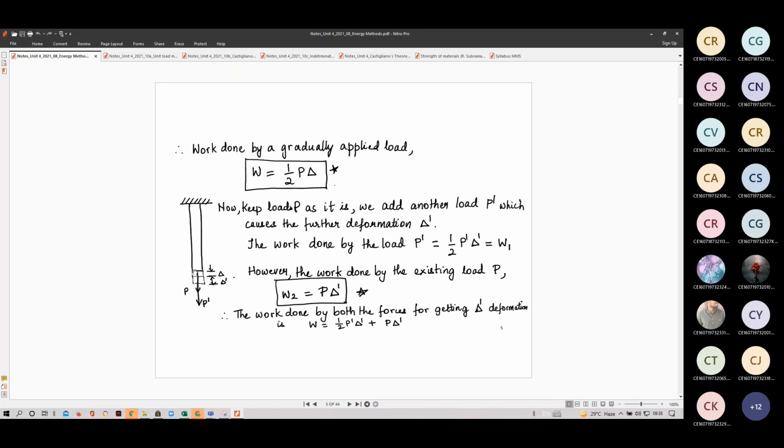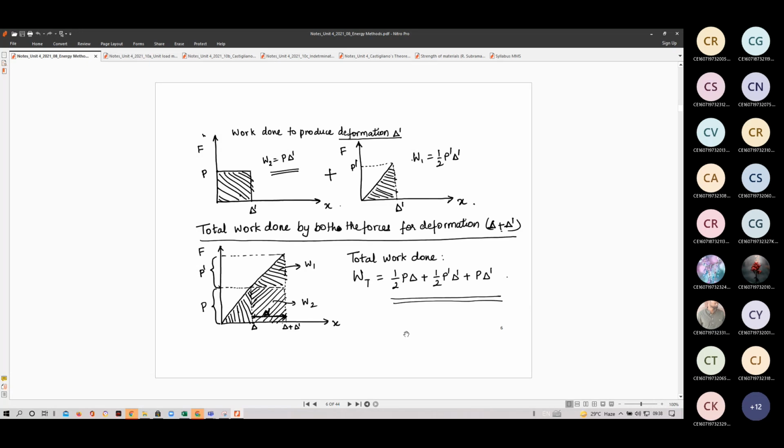However, P is already existing and P has moved through a distance delta dash. So the work done here will not be for a gradually applied load. It is already a fully existing load, so the work done in this case will be P times delta dash. Okay. So this you have to remember. This is conceptual remembrance only, so you don't have to go deep into this.